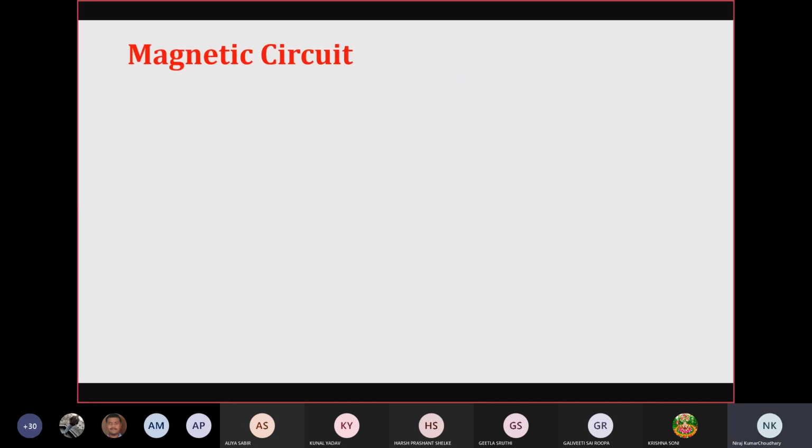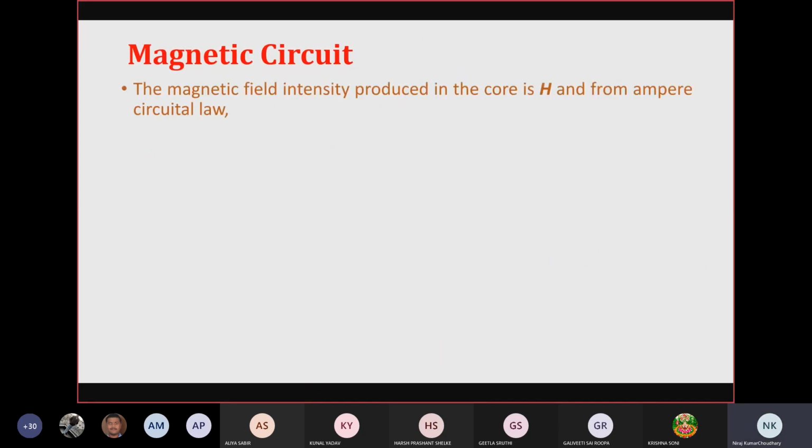So now we will see some basic laws in a magnetic circuit. The magnetic field intensity produced in the core is H, and from Ampere's circuital law, which you must have read in basic physics, the closed path integral of H dot dl is equal to Ni, right?